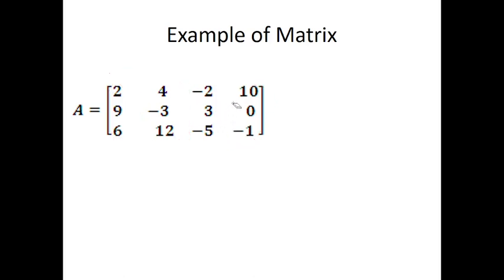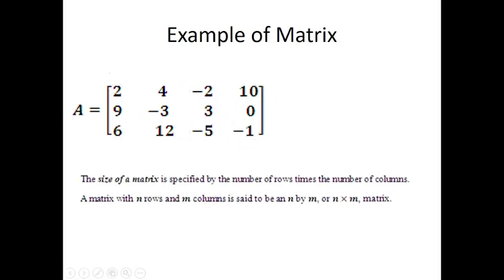In this case, the size of a matrix is specified by the number of rows times the number of columns. That is how we specify the size of the matrix. We use the number of rows and the number of columns to describe its size.